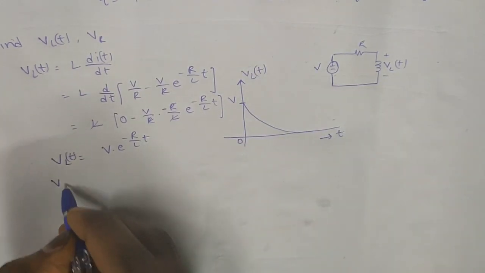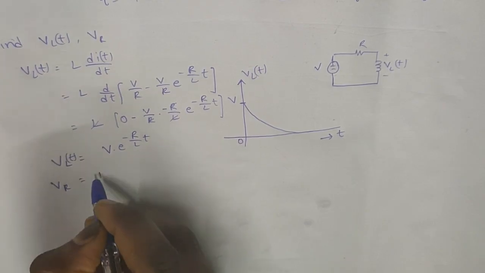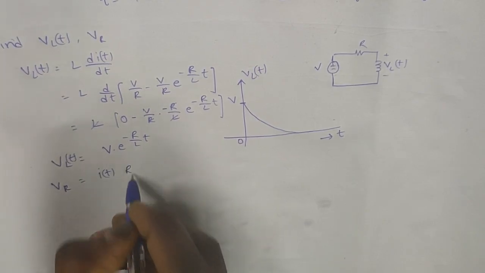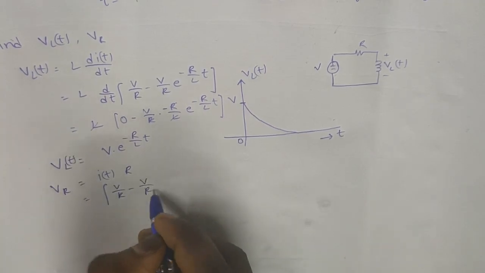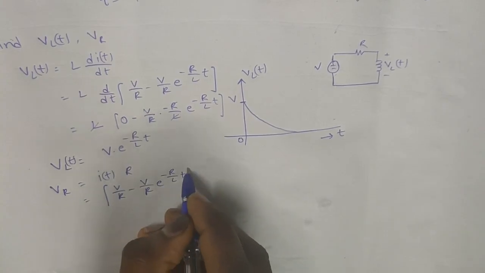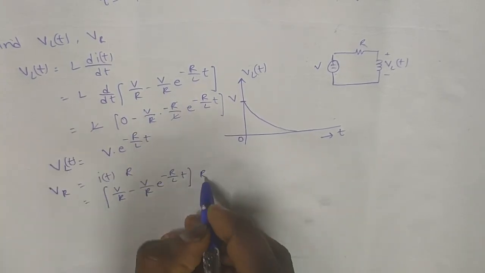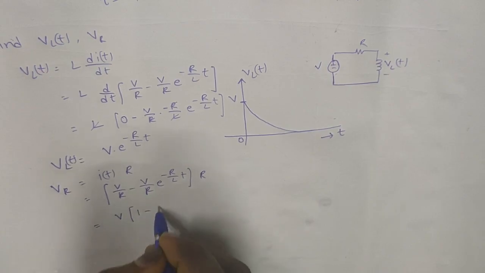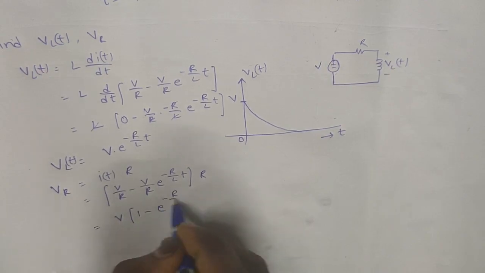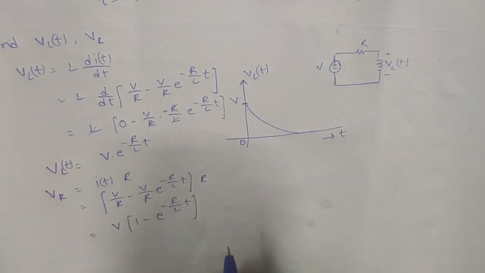And finding VR of t. VR is equal to i of t into resistance. i of t is, we know, V by R minus V by R e power minus R by L of t, into R. When we multiply R, both will be cancelled out, and if we take it common, V into 1 minus e power minus R by L of t.